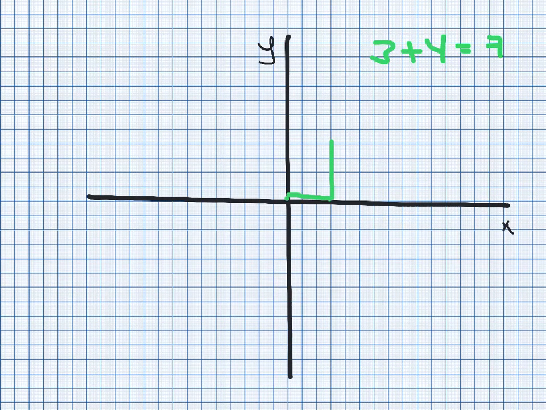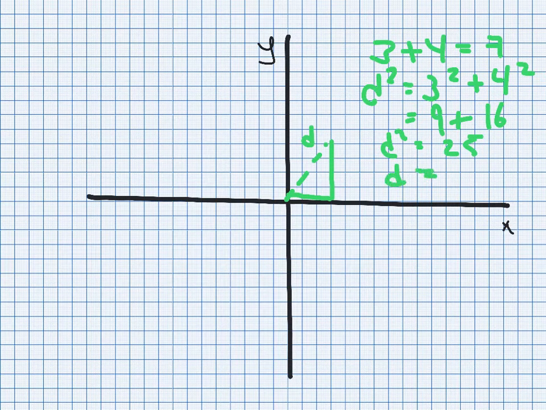But if I ask you, how far am I from my original starting point, that becomes a different story. Now we've got to take into account that old Greek guy that we like to talk about, Pythagoras, and I have to say, well, my distance squared, which is d right there, equals 3 squared plus 4 squared, which equals 9 plus 16, and d squared equals 25, so my distance equals 5.